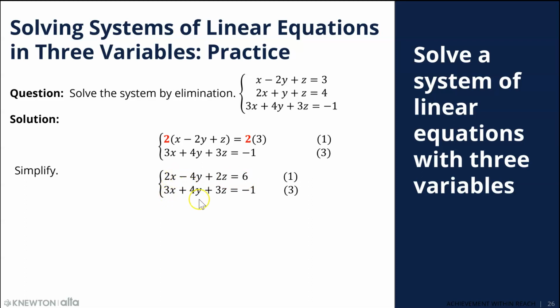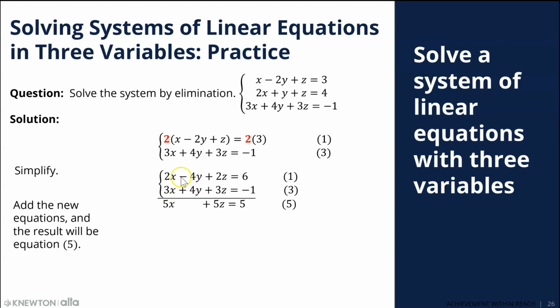Then we will add the two equations. We have 5x, 2x plus 3x is 5x, this is 0, and then 2z plus 3z is 5z, and 6 plus negative 1 is 5. And then we call this new equation our fifth equation.